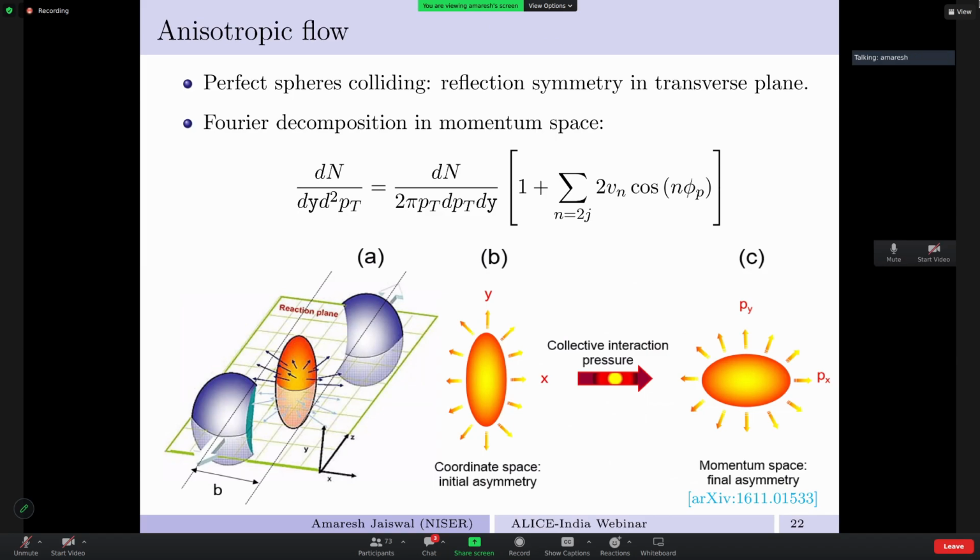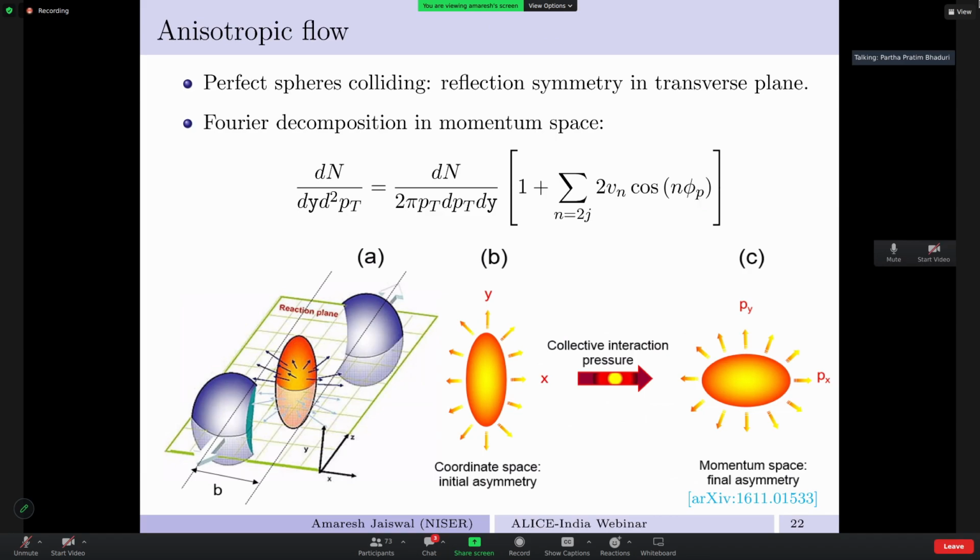Usually the way it is done in the experiments is they consider centrality classes. I think this phi p is the particle phi, right? Yes, this is the particle phi p. This is not the way the fireball is; this is the azimuthal angle of the emitted particles.